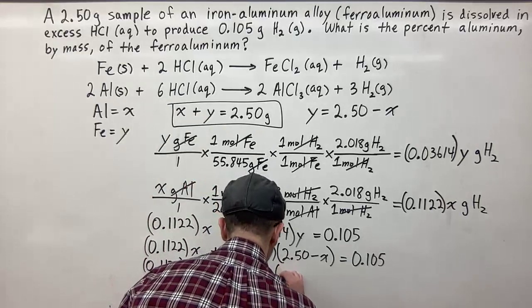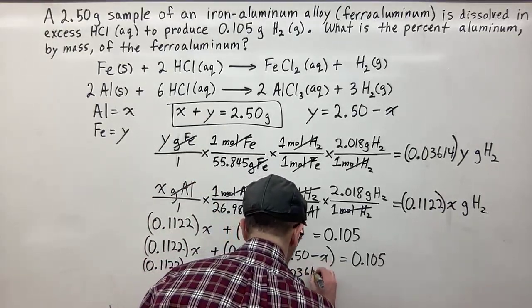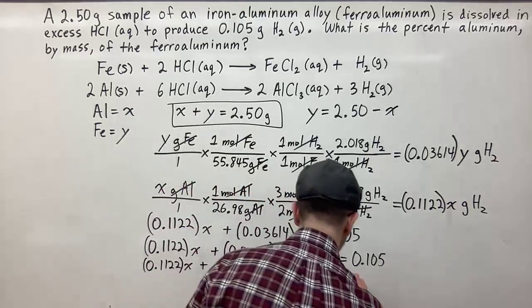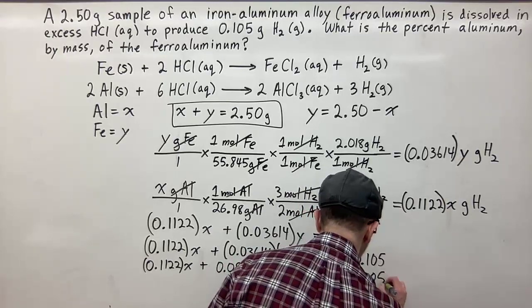So it's just going to be 0.03614x, and that's going to be equal to, again, 0.105.